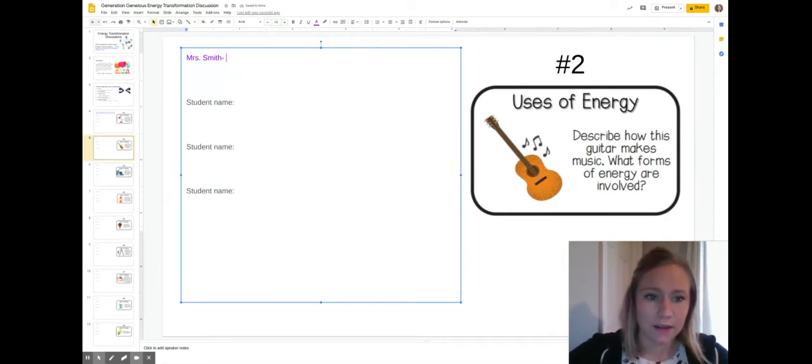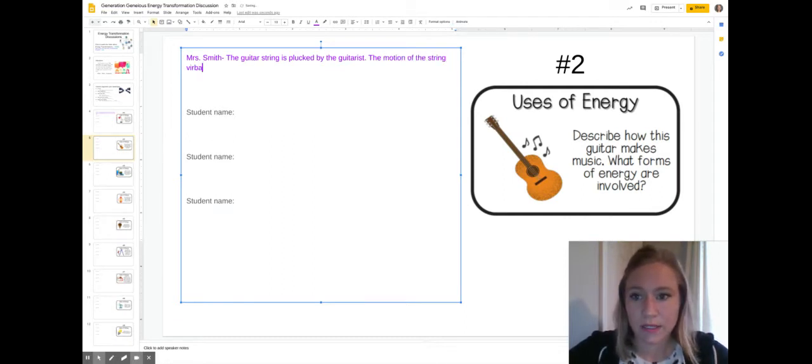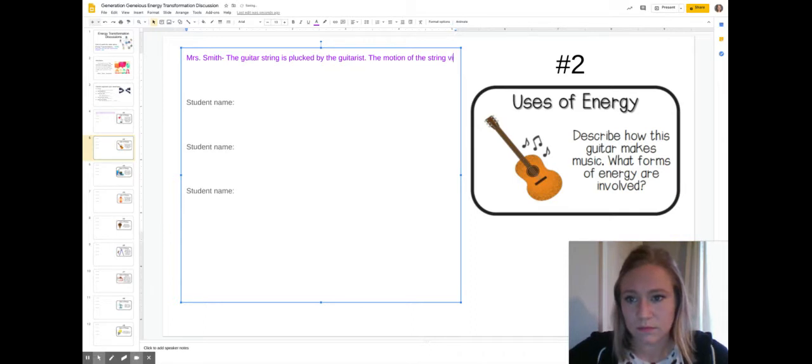But I say the guitar string is plucked by the guitarist. The motion of the string vibrates the air molecules and makes sound.